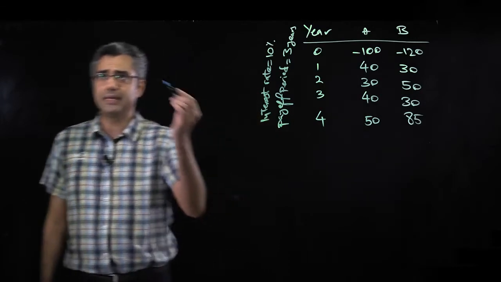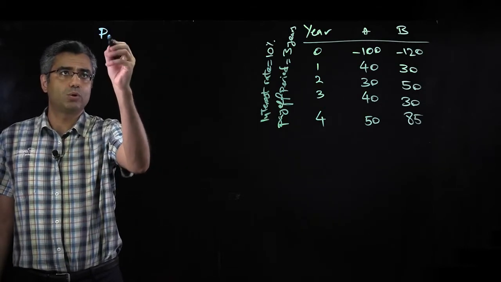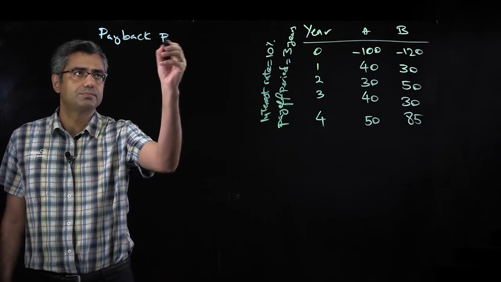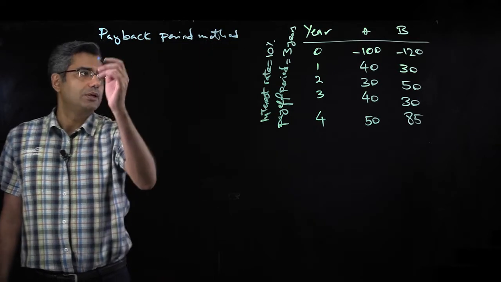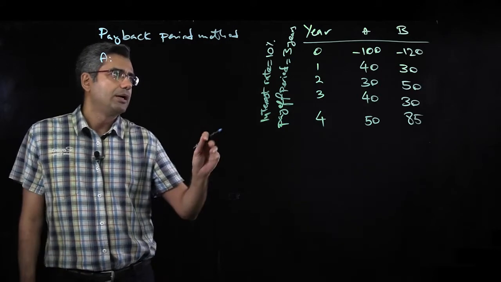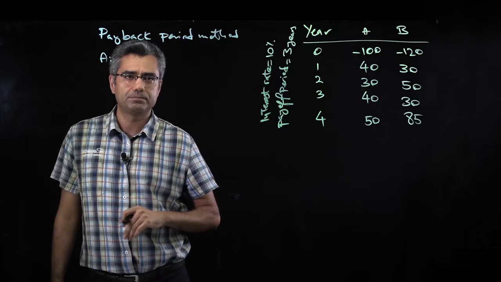For project A, let me write it down here. We are now working with the payback period method. For project A, at the end of year 1, we will make $40.